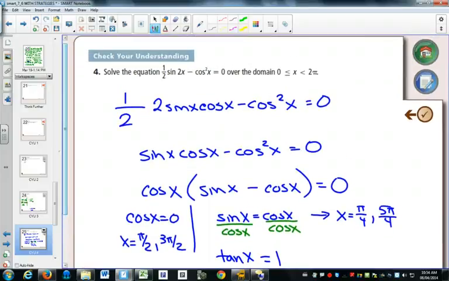Questions you can do with this one are 12, 13, 14, and 15. And then on the back of your identity sheet where you had a whole bunch of proving ones, there's solving questions on the back.